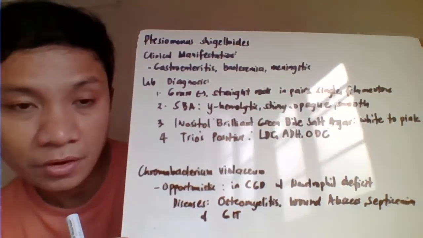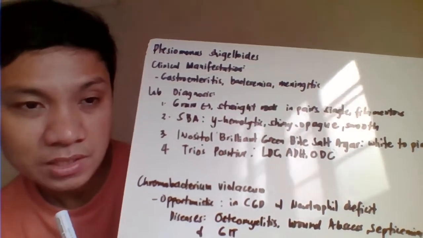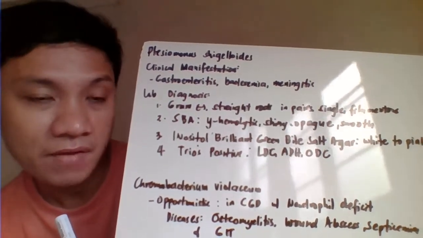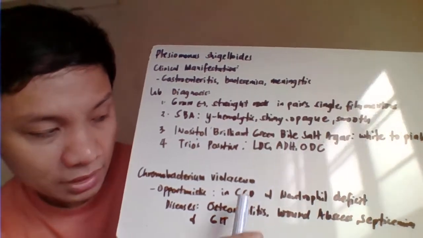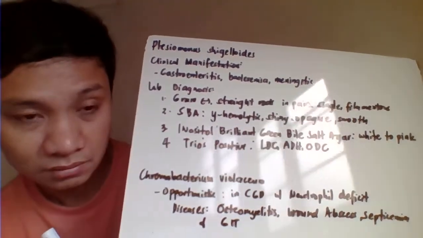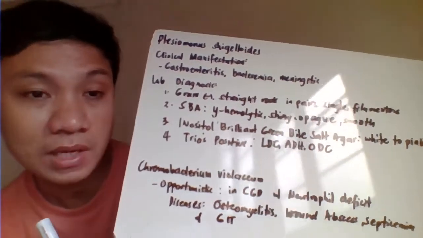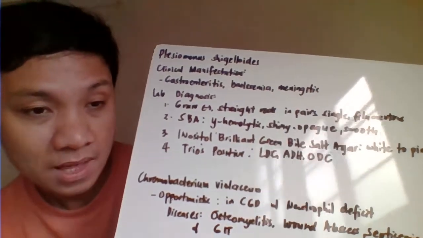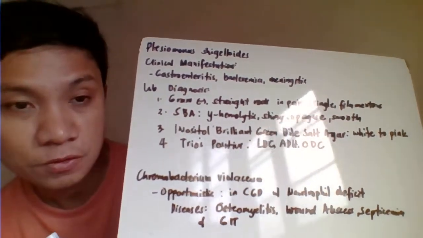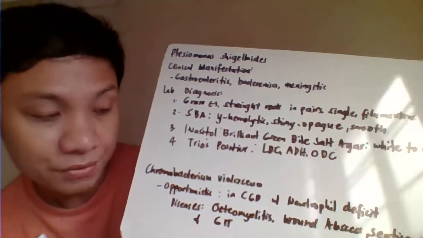Then we have Chromobacterium violaceum. This is an opportunistic bacterium which causes infections among patients with chronic granulomatous disease. Chronic granulomatous disease patients have defective neutrophils, with impaired ability to kill ingested pathogens. They cannot kill them, and that's why it's related to neutropenic or neutrophil-deficient patients. So, a problem with the neutrophil.